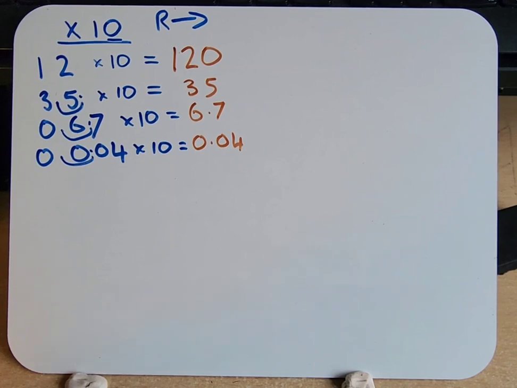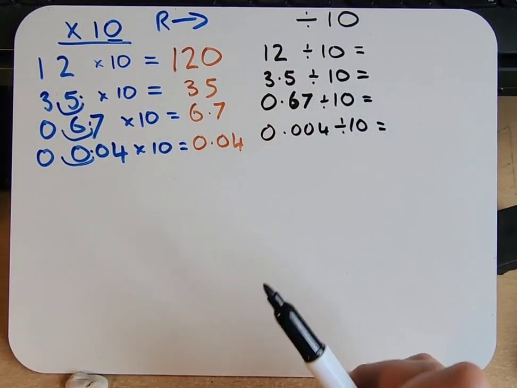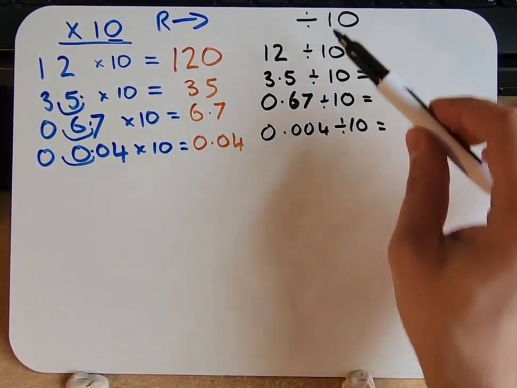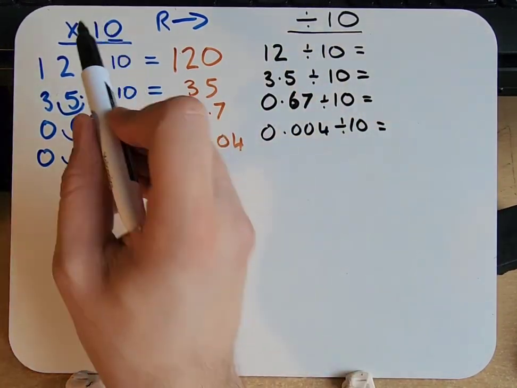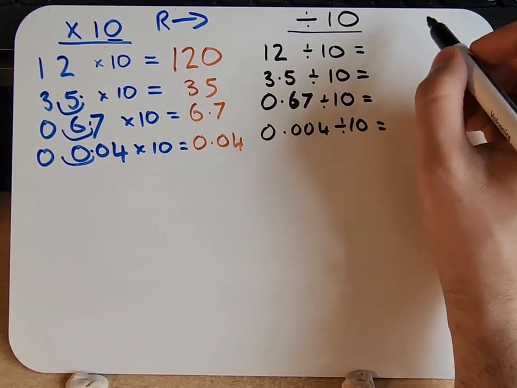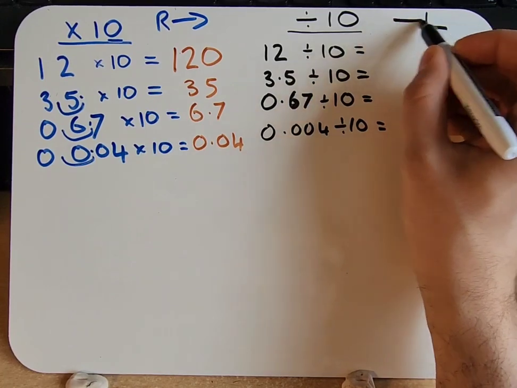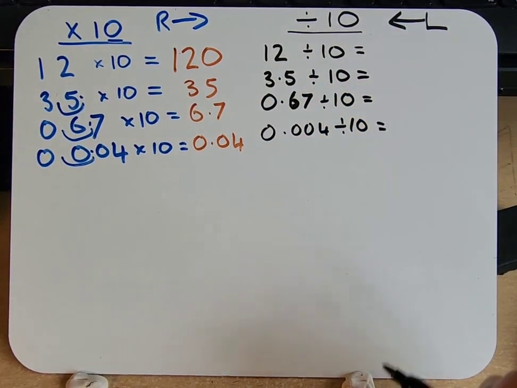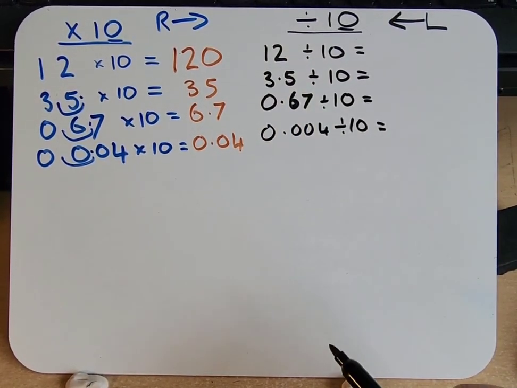Let's have a look at what happens when we divide the same numbers. Okay, so despite my writing getting a little bit smaller, we've got the same numbers and this time we're dividing by 10 instead of timesing by 10. So what I said was we're going to move to the left-hand side, and because we're doing it by 10, it's going to go by 1 decimal place.